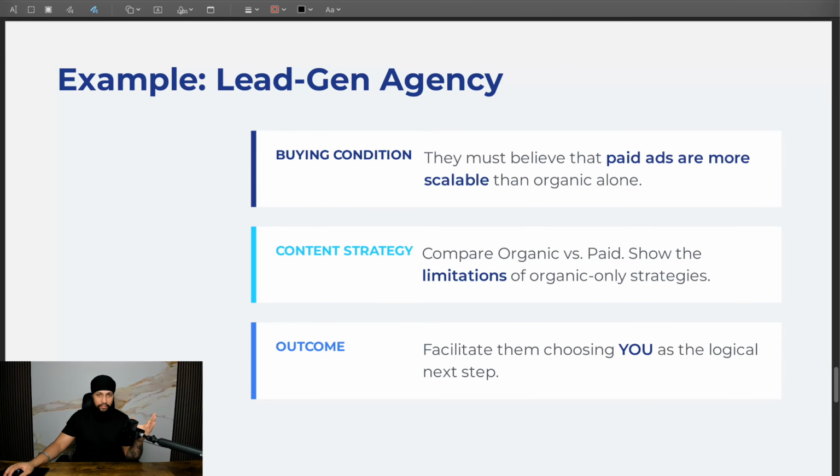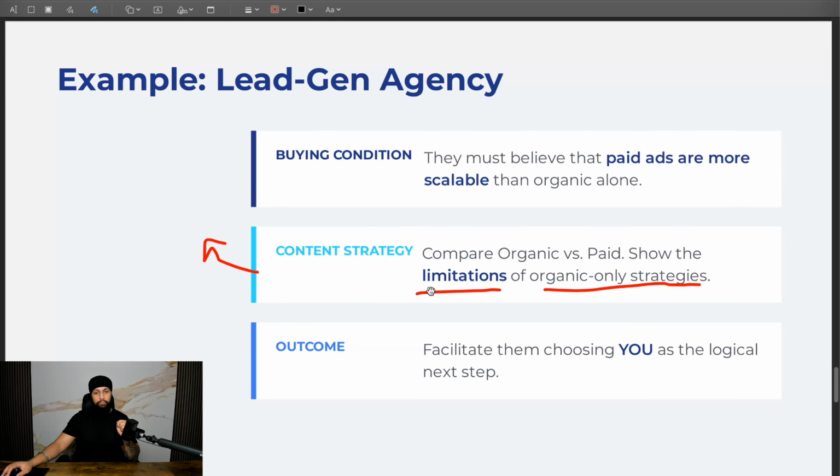In a lead gen agency, let's say you analyze your call transcripts and you realize that they must believe that paid ads are more scalable than just organic content alone. So your content strategy should be directly comparing organic and paid advertising and showing the limitations of organic only strategies. Okay, again, be careful.